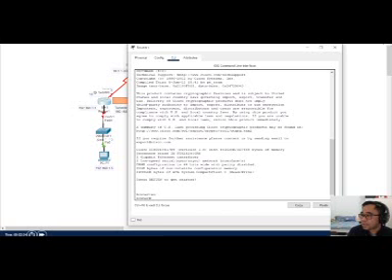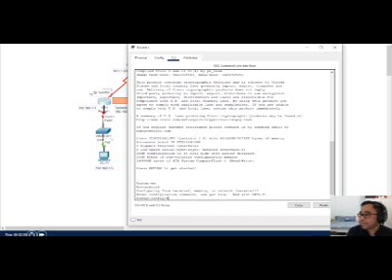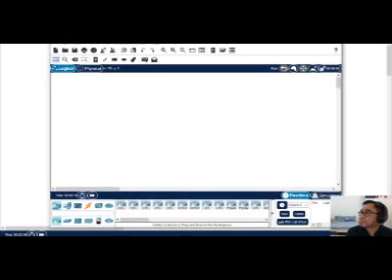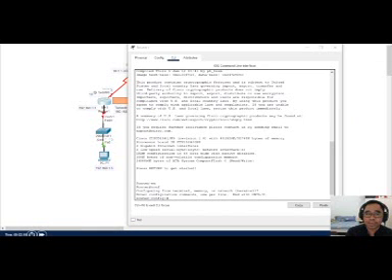So we enter the configuration. We configure Router 1 first. Let's change the host name.